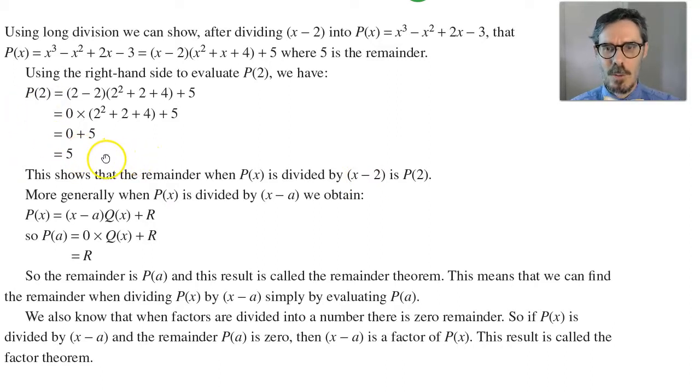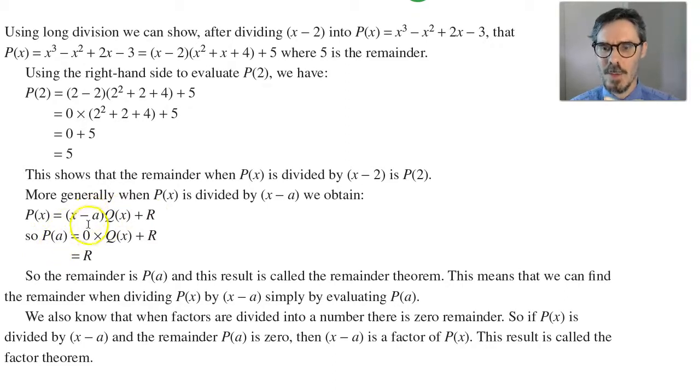Now this result holds in general for any polynomial and any linear factor. If I divide it by x minus a, I will end up with the remainder that I have when I substitute a in. Why does it work?